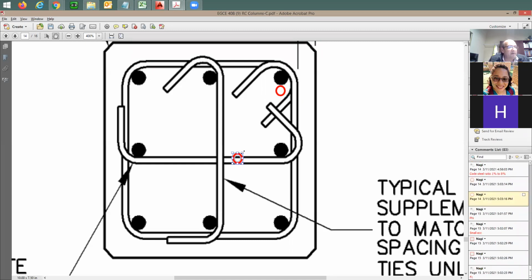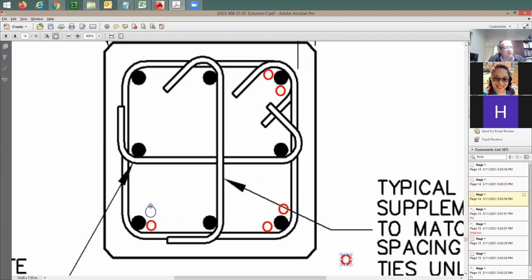And another rebar here. Now, how many rebars can you fit? I'm going to say 3 at each corner, right? Keep on adding rebars, right? We call this bundled rebar.